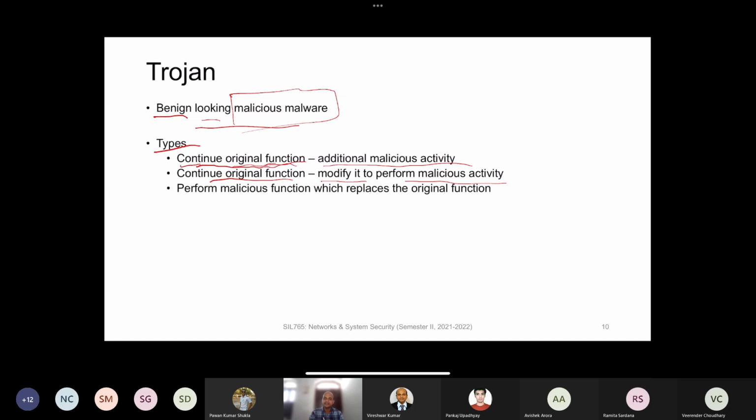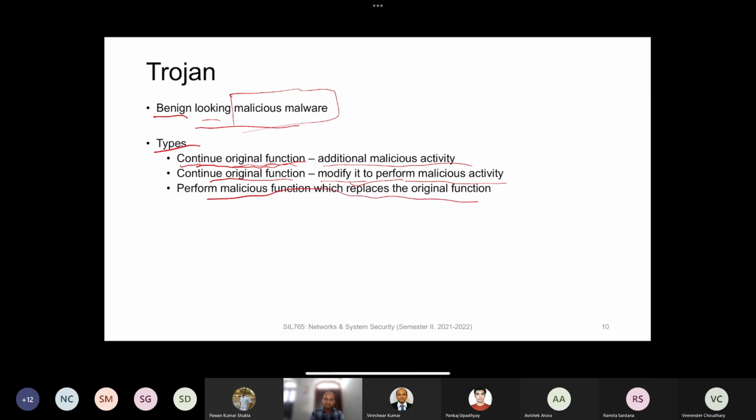Say the purpose of a program is to encrypt and authenticate information and send it to a remote entity, but it is sent to a different entity, the attacker in this case. Although the program is supposed to do encryption and authentication and send it to a remote entity, it has modified the receiver, and therefore this could be considered another type of Trojan.